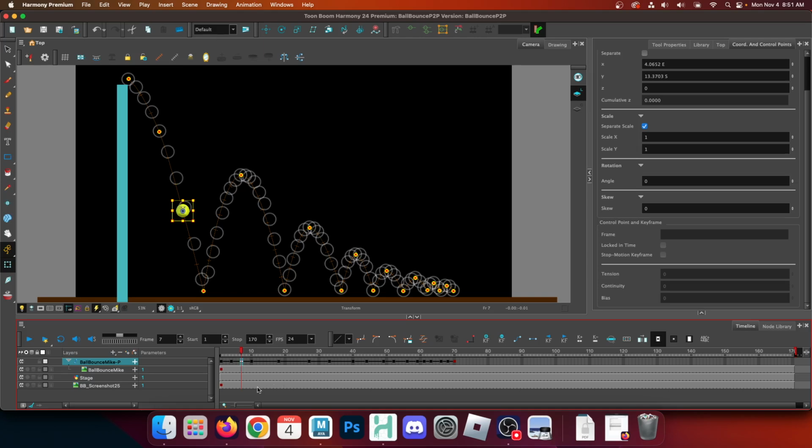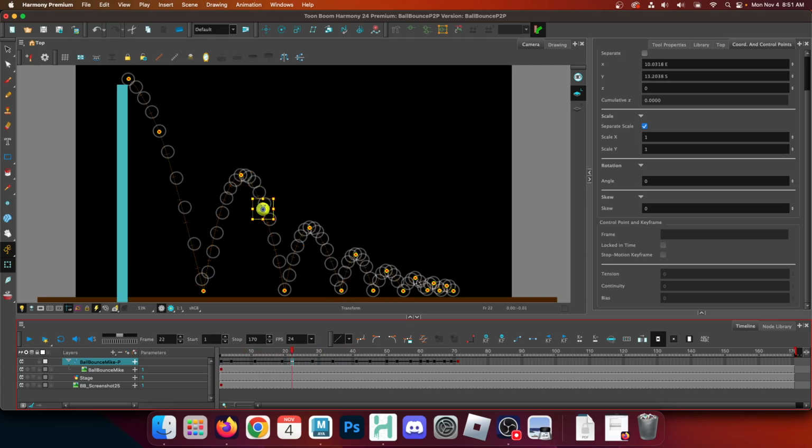Now, again, when it comes to changing timing, you don't need to do too much, a lot of the time. So on this first drop here, it takes 10 frames to get to the bottom. I'm going to make it 11. So it's going to be a little slower getting to the ground, which, just that one frame already makes it read a little better.